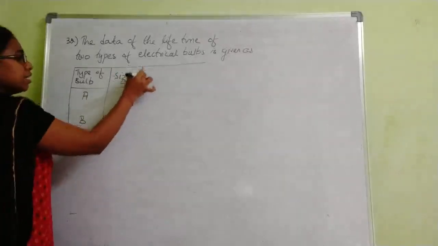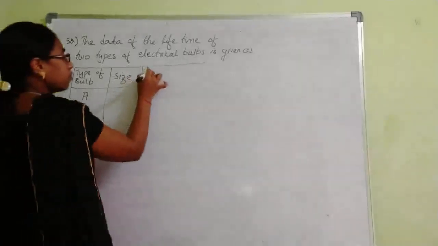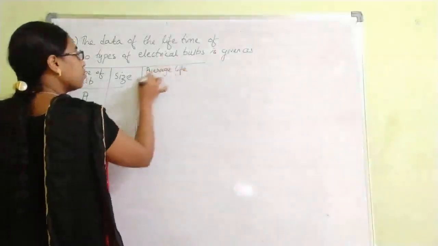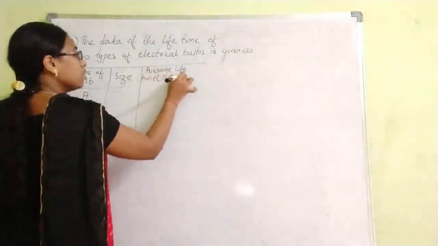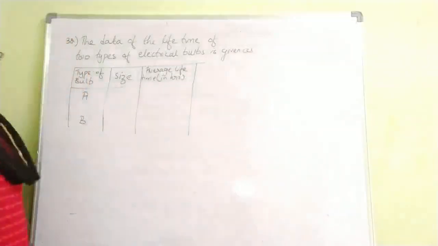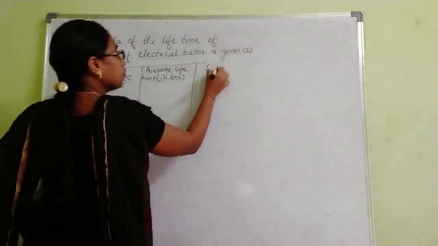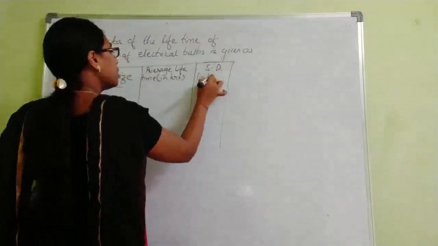The size, that is the sample size. Next is average lifetime in hours, so that means how much time a bulb is working. Next, standard deviation, also in hours.